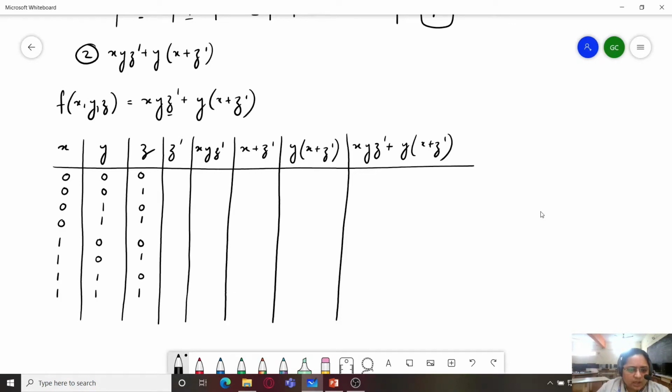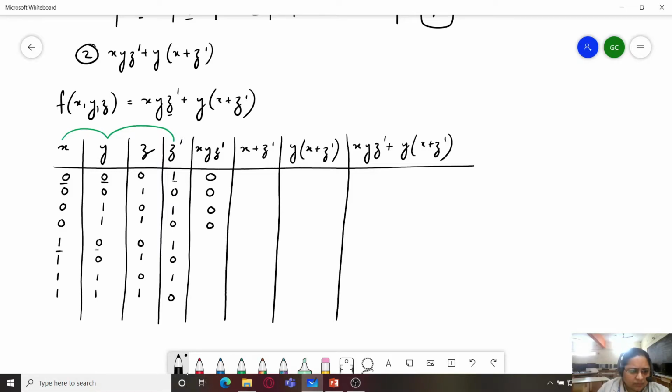Now we need to figure out z dash, which will be just the opposite, 1 0 1 0 1 0 1 0. Now we need x, y, z dash. So it will be 0 0 and 1, and there is AND operation, so it will be 0. Because 4 zeros are there, so straight away we can write zeros here.